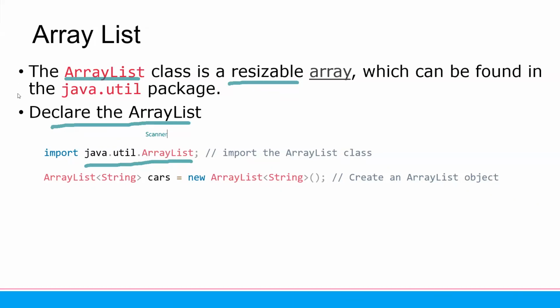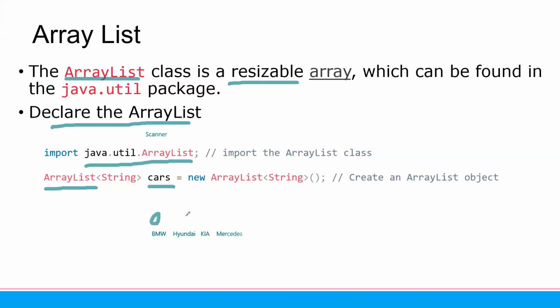And then I'm going to define the array list. In this case, let's say I'm going to have cars. I want to put cars into an array. Maybe I have BMW, Hyundai, Kia, and Mercedes.